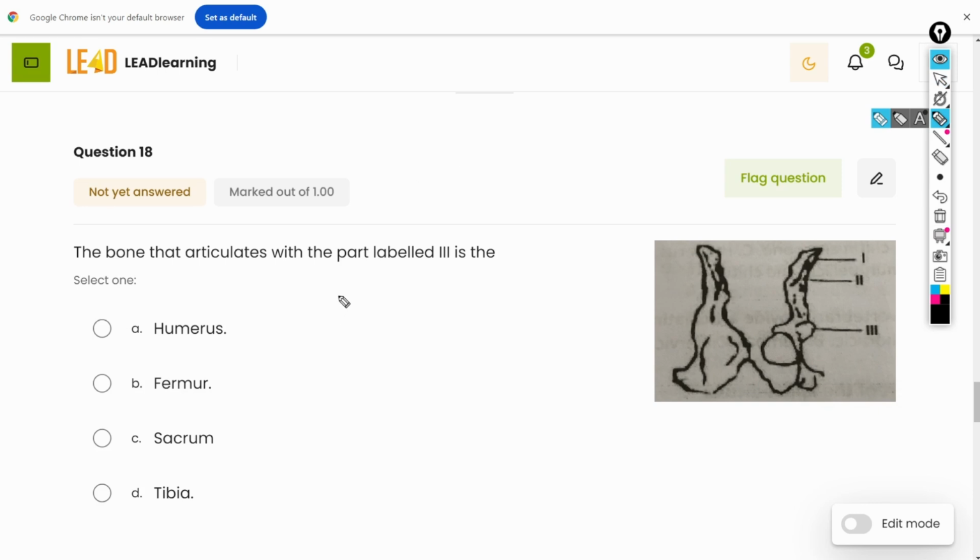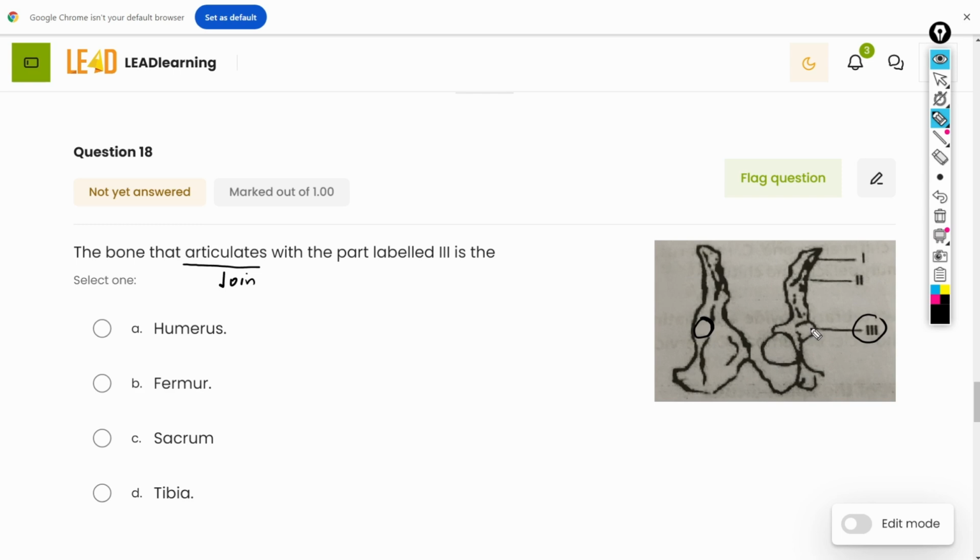Question 18. The bone that articulates with the part labeled 3. To articulate means to join. So the bone that joins with the part labeled 3. Now, the part labeled 3 is a cavity, or a groove.